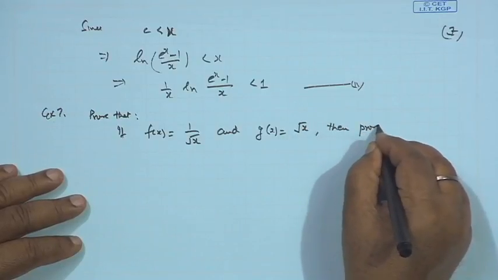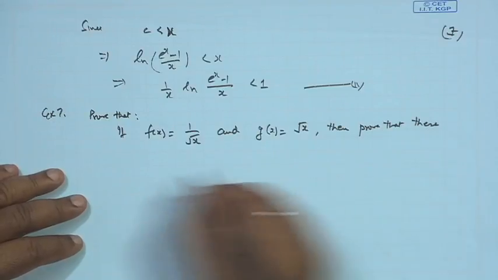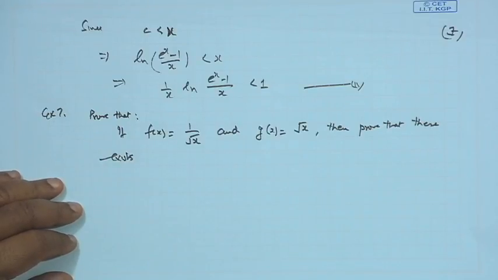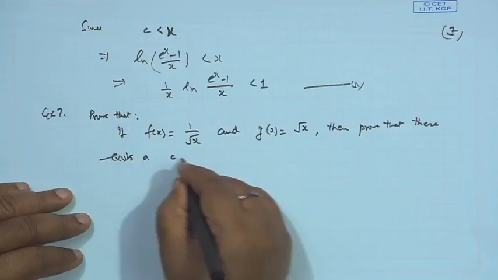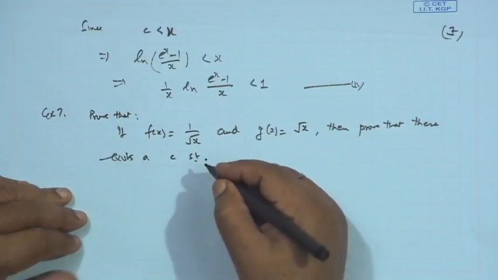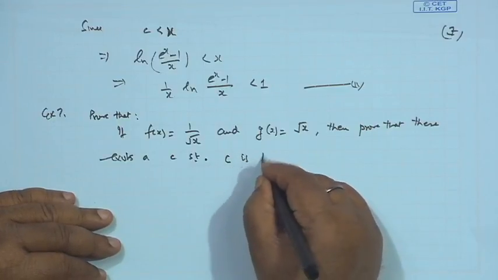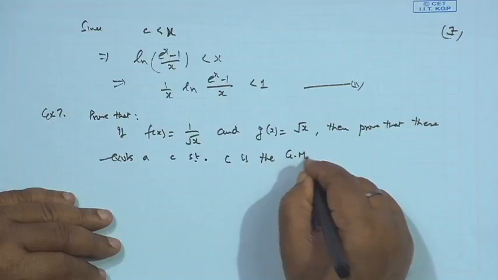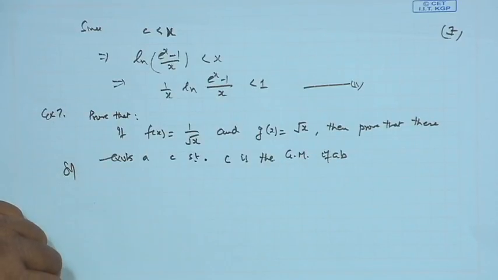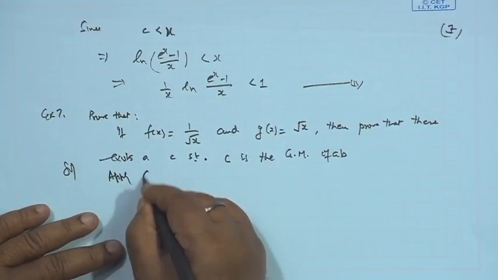Prove that there exists a c such that c is the geometric mean of a and b. So, let us see, apply the Cauchy mean value theorem.